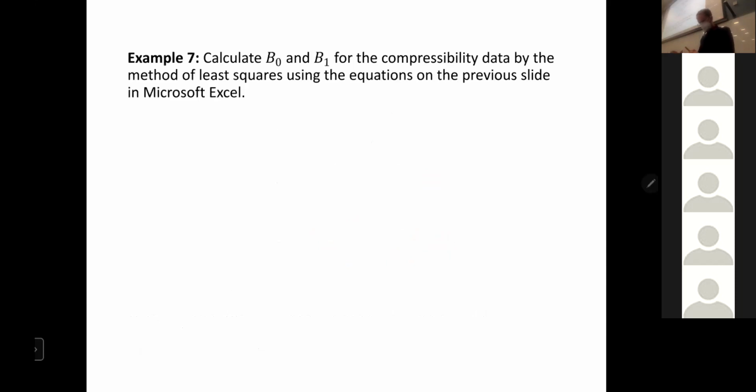Okay, so the next example that we need to work is we're going to calculate the y-intercept, B naught, and the slope B1 for the compressibility data that we looked at before by the method of least squares using the equations on the previous slide. This is easiest to do in a spreadsheet.